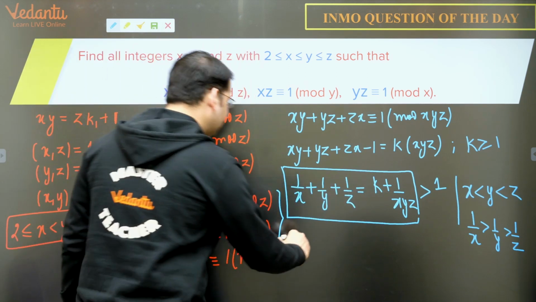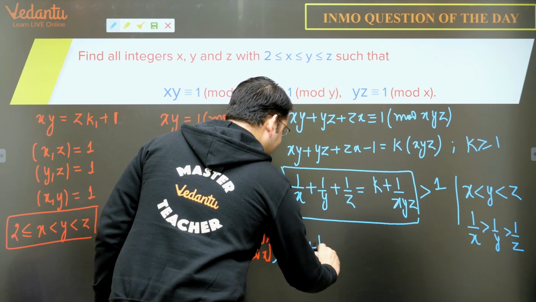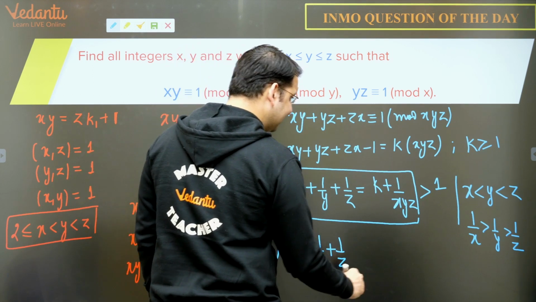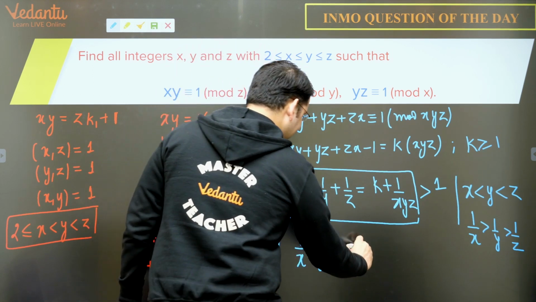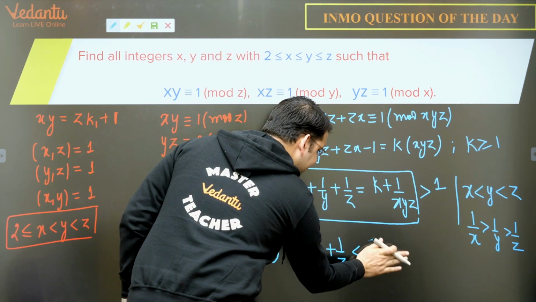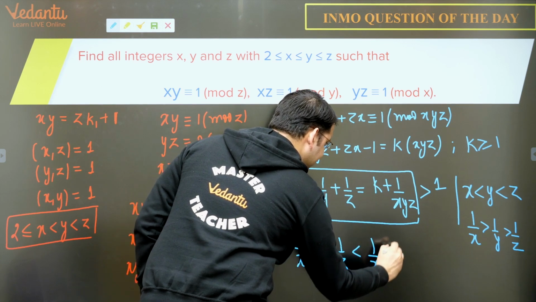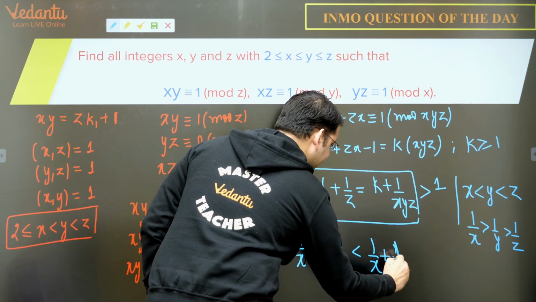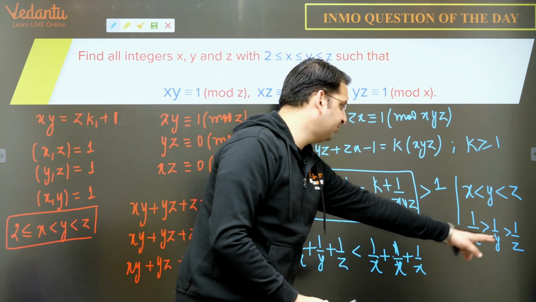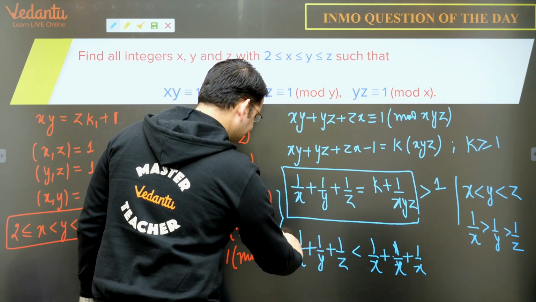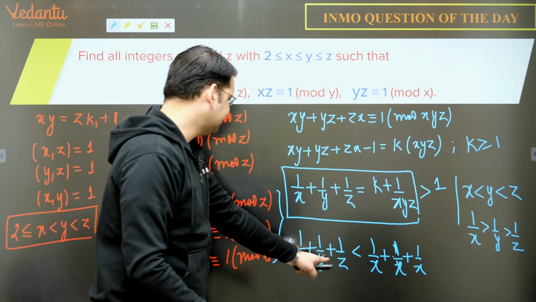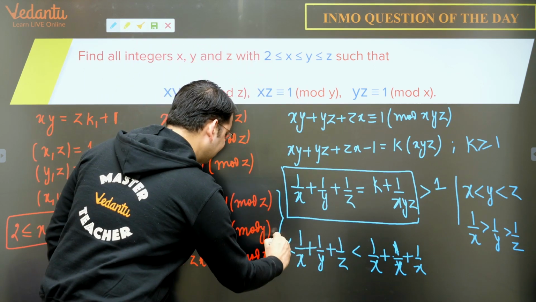So I can say that 1 upon x plus 1 upon y plus 1 upon z is definitely less than 3 upon x, because I know that 1 upon y is less than 1 upon x, and 1 upon z is also less than 1 upon x. This is greater than 1, we have already proved this. So 1 upon x plus 1 upon y plus 1 upon z is definitely greater than 1.